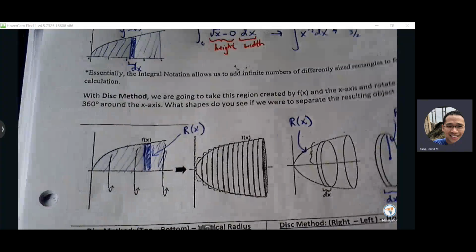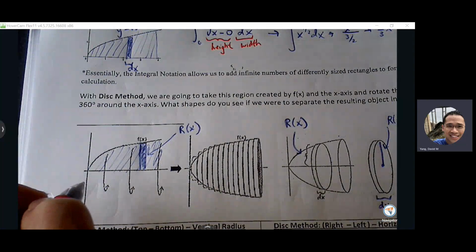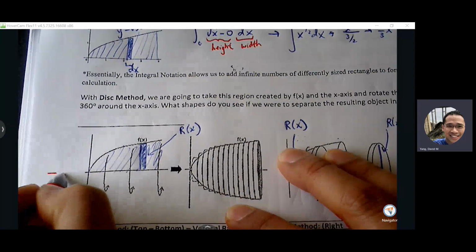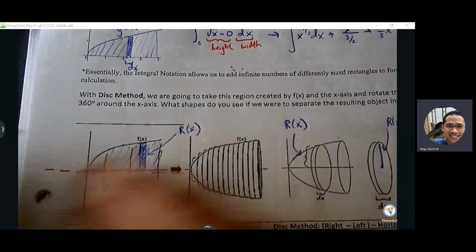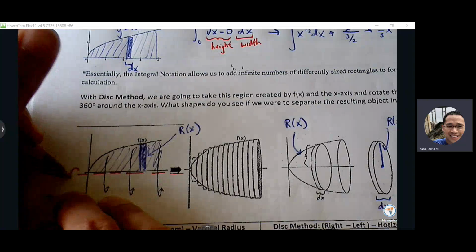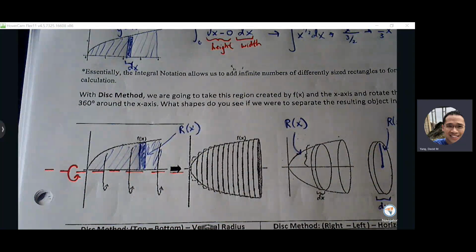Okay, one thing I left out is the problem is going to indicate to you what your axis of revolution is, in terms of what you're rotating around. So in this case, the axis of revolution is the x-axis. So we're rotating around the x-axis. I like to do this circular shape to indicate the direction that I'm rotating in.